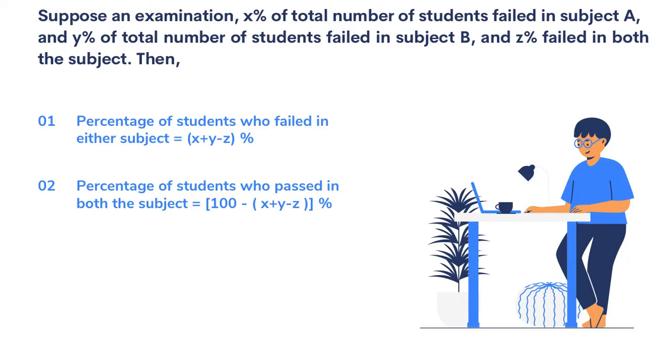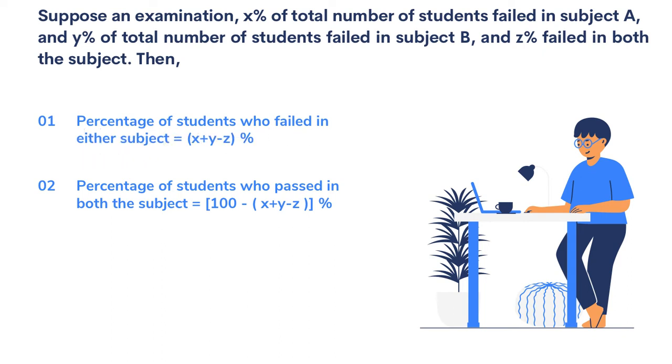Let's see this concept. The concept says, suppose in an examination, X percentage of the total number of students failed in subject A, Y percentage failed in subject B, and Z percentage failed in both subjects. Then first we have to calculate the percentage of students who failed in either subject.